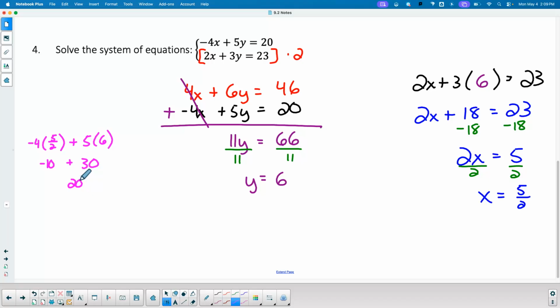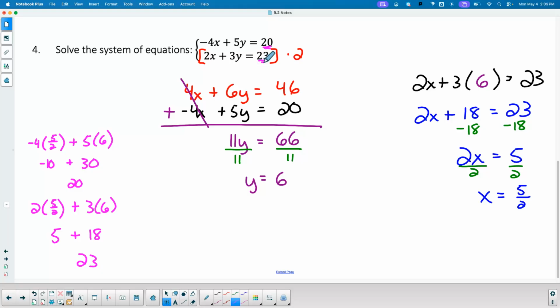And 20 is equal to 20. So it works out there. 2 times 5 halves is 10 halves, which is 5. 3 times 6 is 18. 5 plus 18 is, and 23 is what I needed to have on the second one.